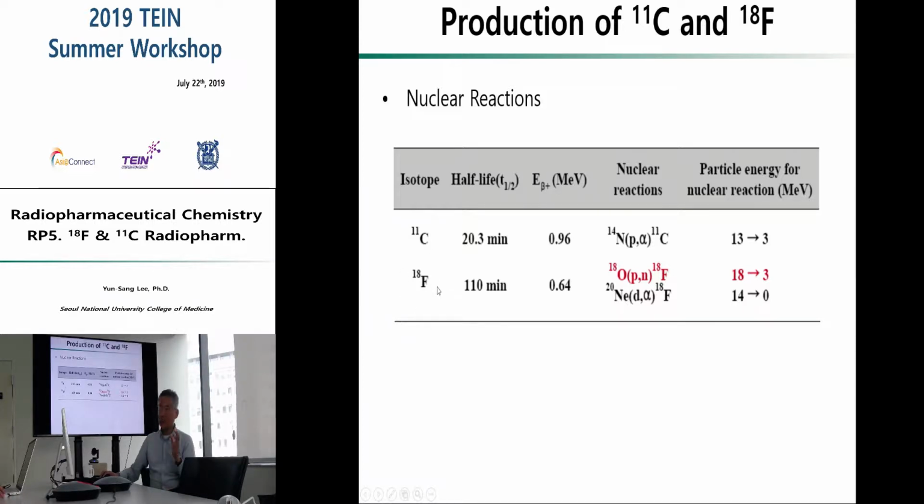To make C11 and F18, as you know, C11 we can make from N14, and F18 we can make from O18 water.